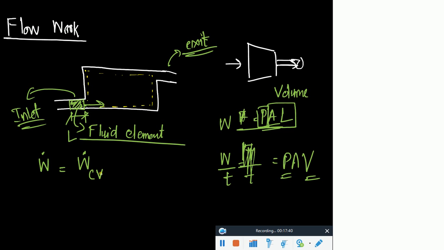So that other type of work is represented by W dot CV. CV is for control volume, and the other type of work is flow work. And this flow work is a combination of pressure, area and velocity.